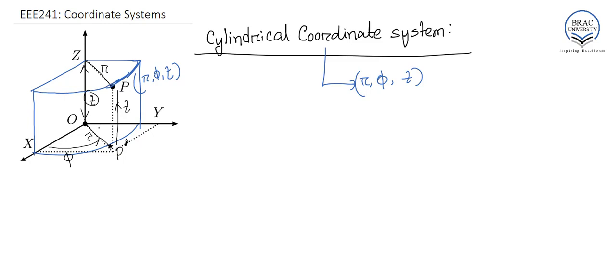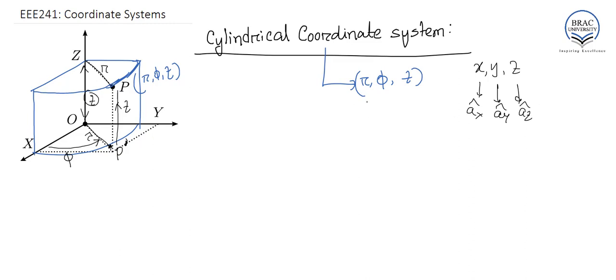And time now to get to the three orthogonal or perpendicular unit vectors related to these three coordinates. When we were talking about the Cartesian coordinate system, we were mentioning x, y, and z. So the unit vectors associated with them were ax, ay, and az.